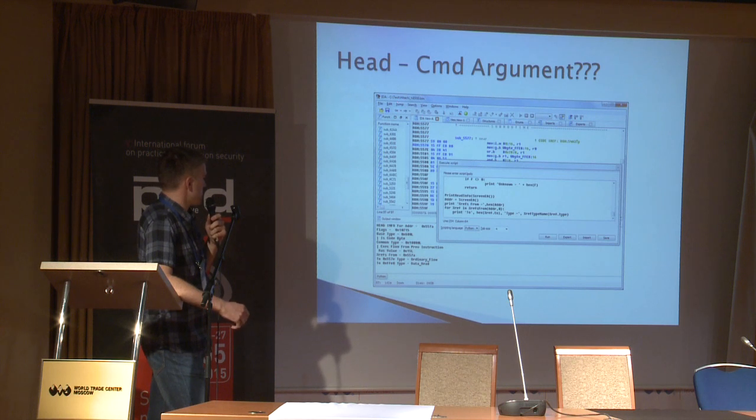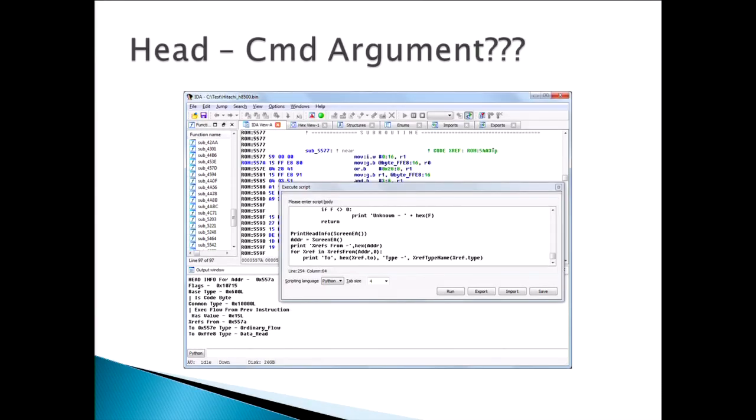Let's look one more. So we already have 3. Let's look at 3 out of 4 that we have available. In this one we have the similar situation, but the only difference here is that we have reading, not writing. 57A address, so it's reading from this particular byte.